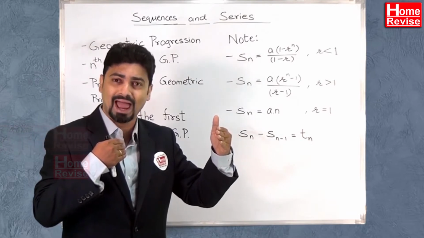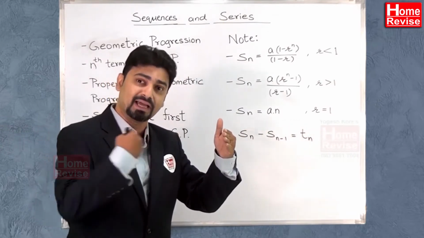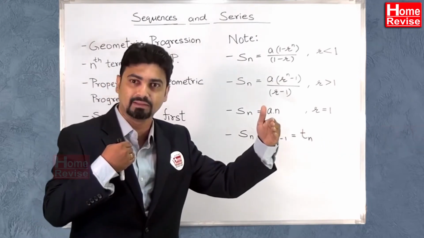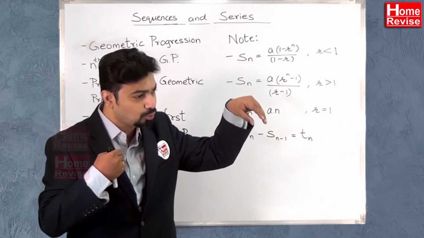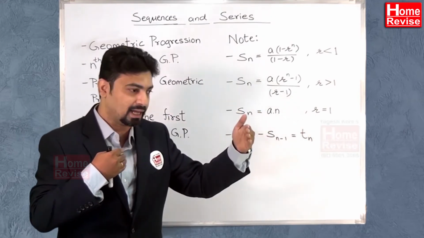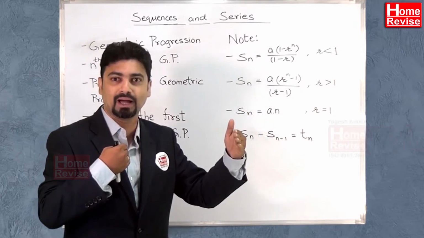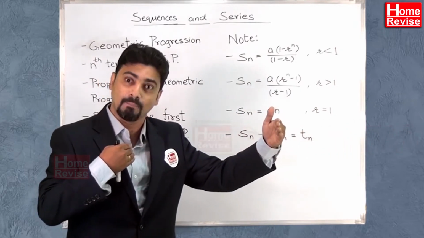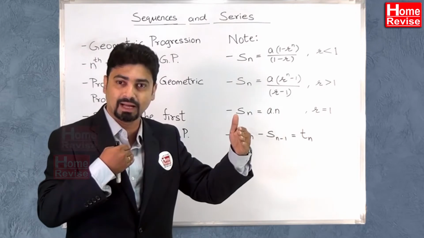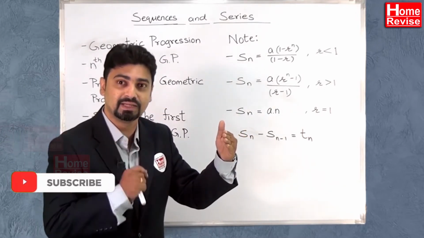If I subtract S of n minus 1, that is the sum of first n minus 1 terms, from n terms, what remains is only the last term, that is the nth term, correct? I am repeating again, from n terms, I am removing the sum of n minus 1 terms. So, Sn minus S of n minus 1, what remains is this last term, Tn.